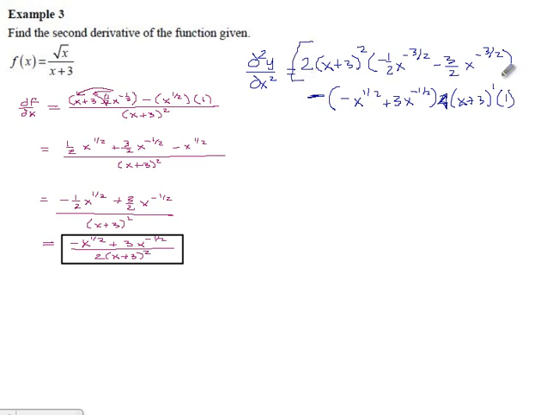All this is our numerator, and it's all over the bottom squared, which would be 4 times x plus 3 to the 4th. We could stop there, and it's awful tempting to, but let me see if I can clean this up at all.